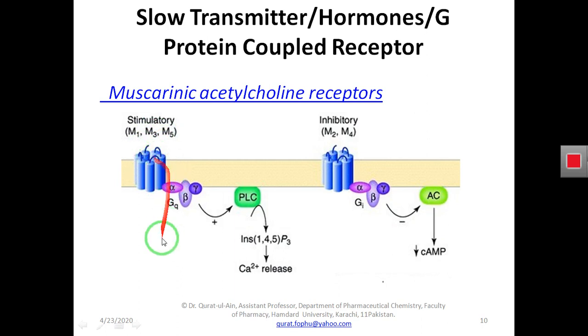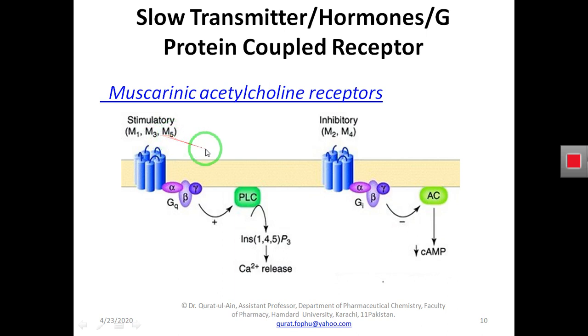Now we will see how these receptors work. These receptors may work to stimulate an action, or they may inhibit the action, so they are divided into two: the stimulatory receptor and the inhibitory receptor.